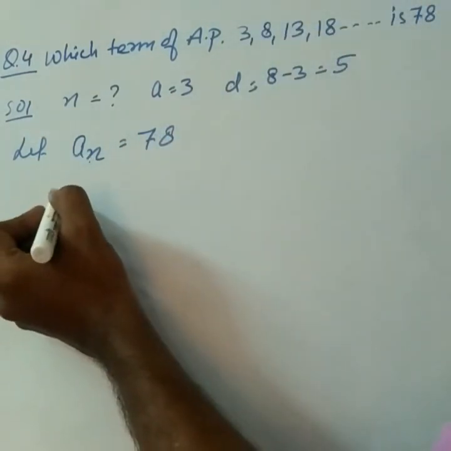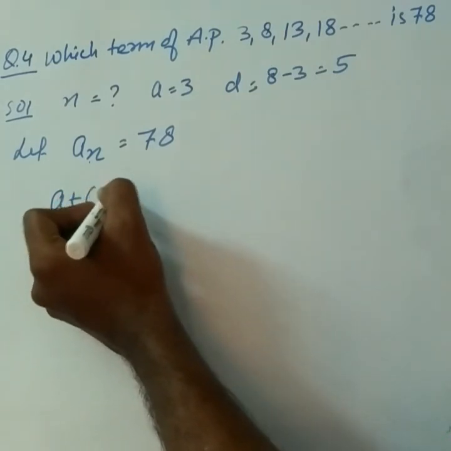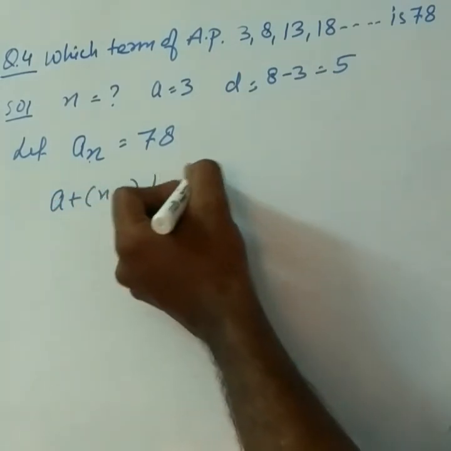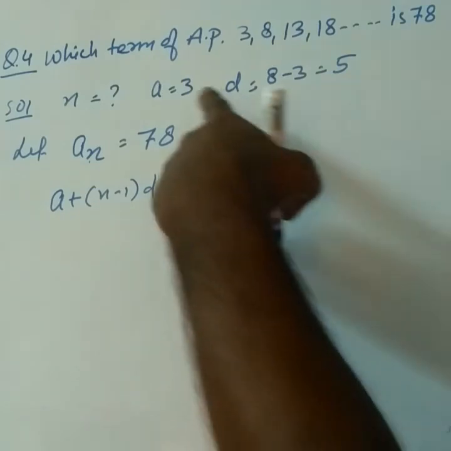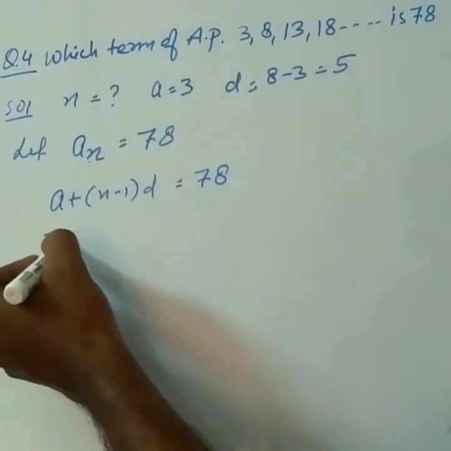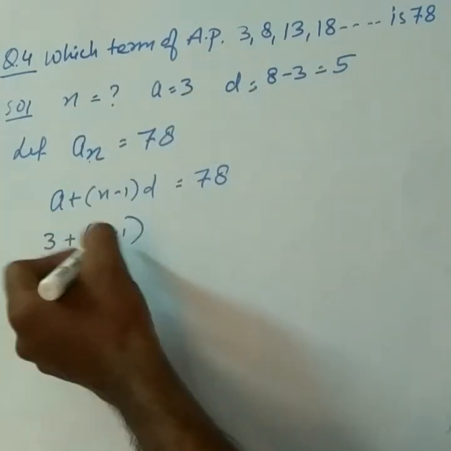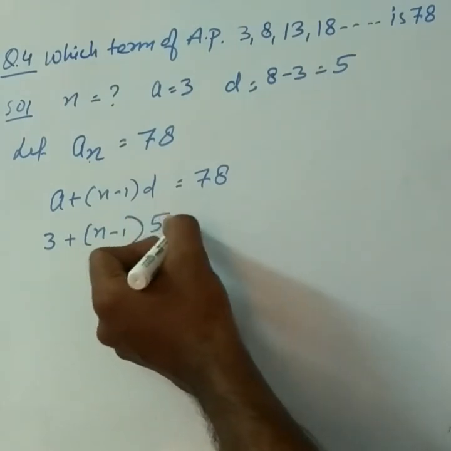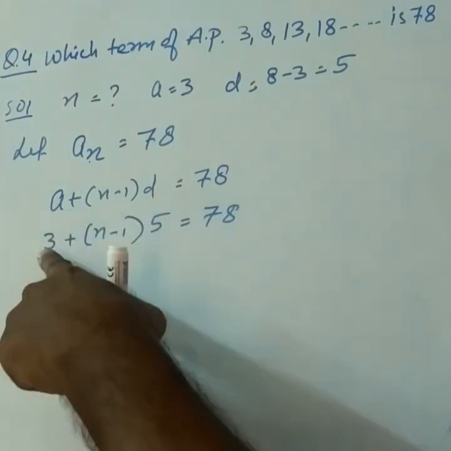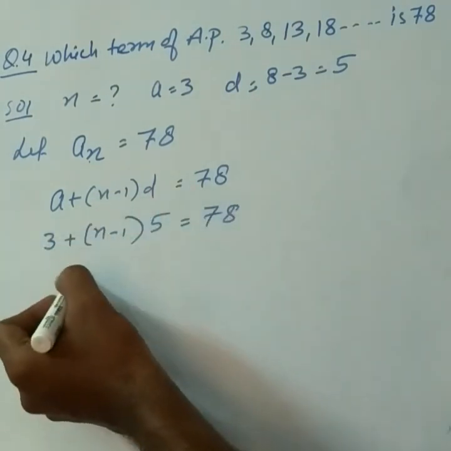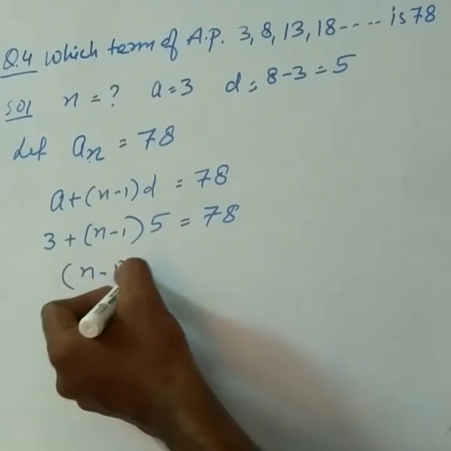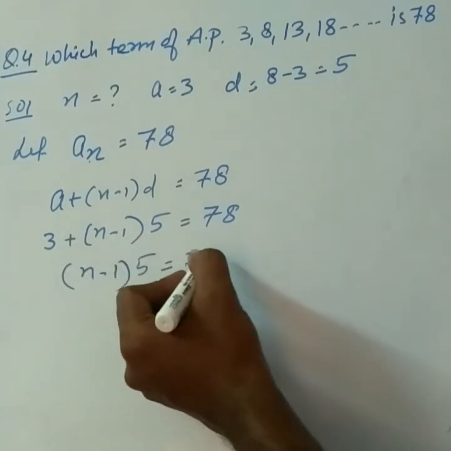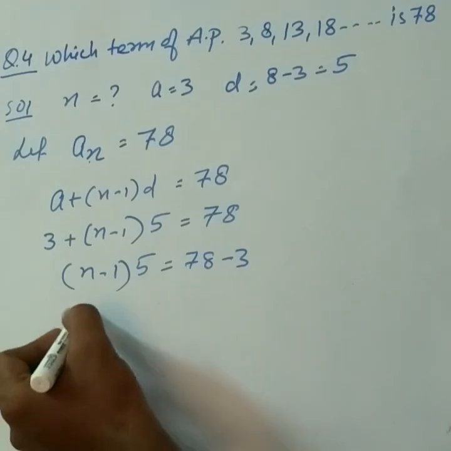Put the formula: a plus n minus 1 into d equal to 78. A is 3, n minus 1, d is 5. Shift this 3 to this side. N minus 1 into 5 equal to 78 minus 3.